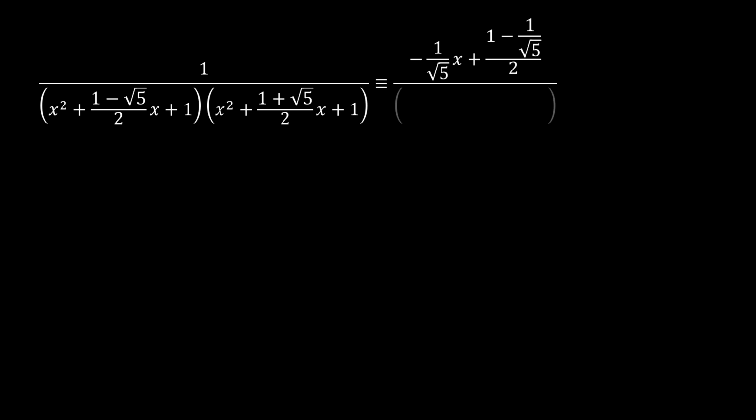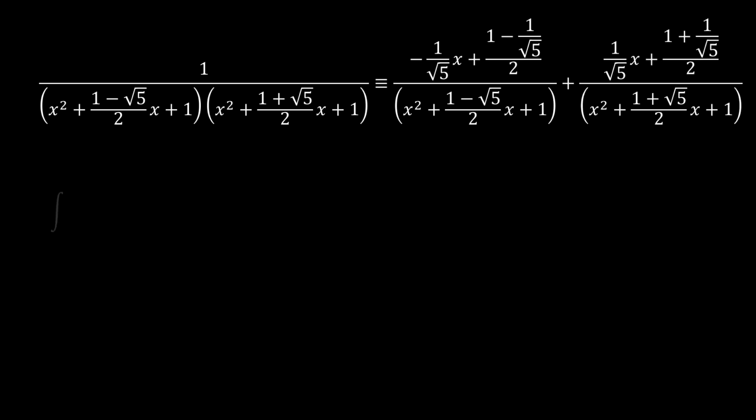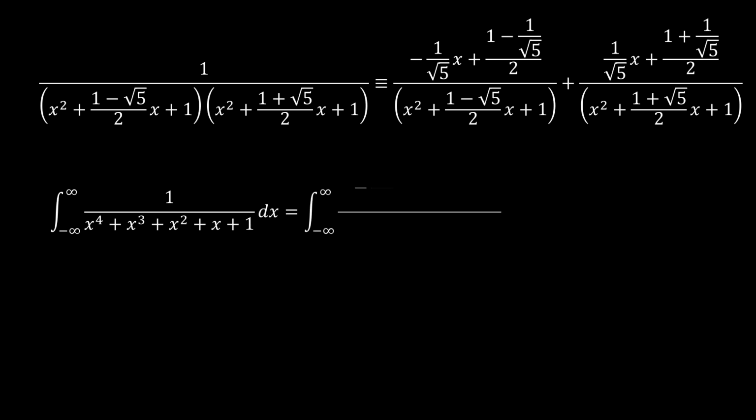Which means that our integral now becomes the integral of 1 over x to the power 4 plus x cubed plus x squared plus x plus 1 from x tending to negative infinity to x tending to positive infinity.